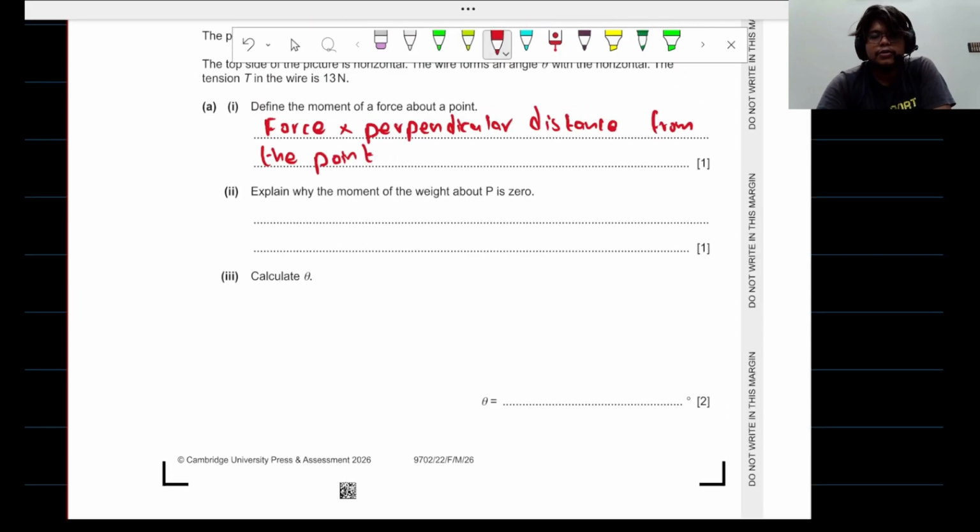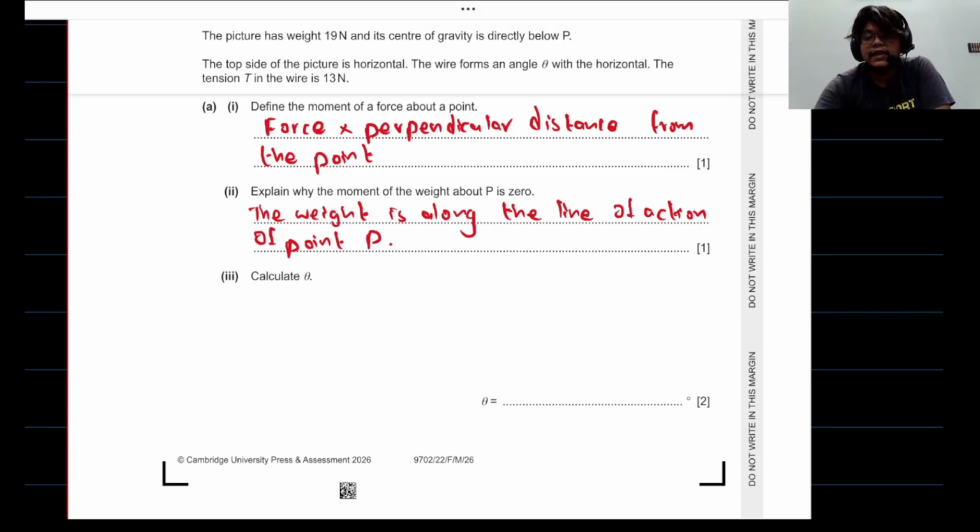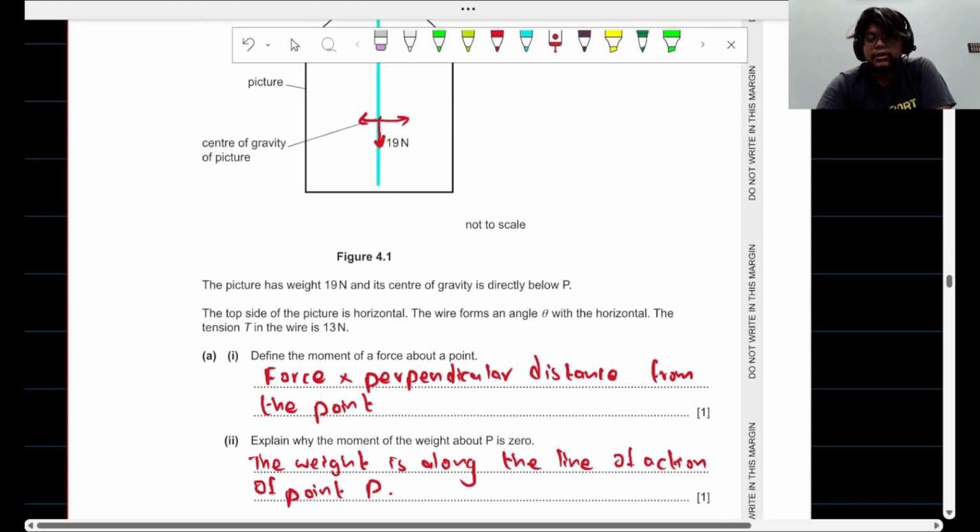So the weight is along the line of action through point P, right? So there would not be any perpendicular distance, hence there wouldn't be any moment. Then it says calculate theta.